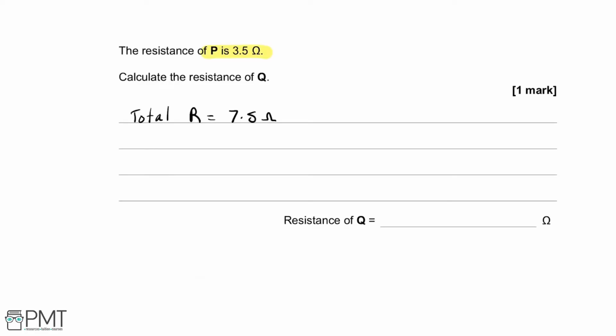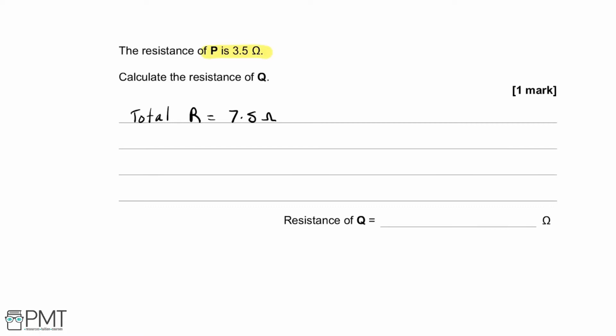So if we look at figure 3, we need to find the potential difference and we need to find the current. We are actually also given a resistance. We're given the resistance of P in this question.